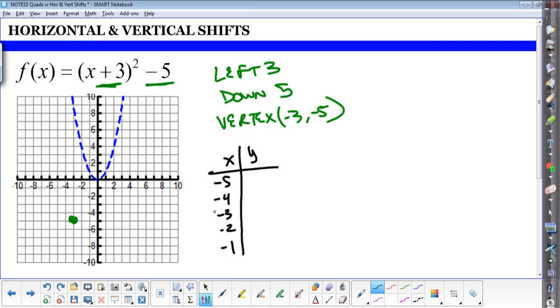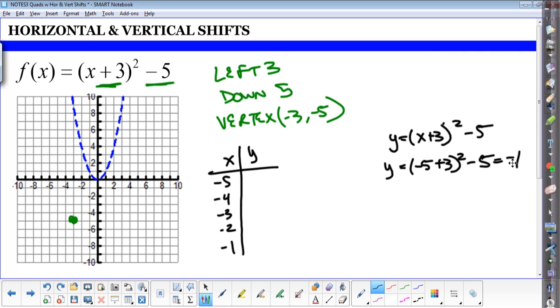Again, you only have to plug in the first 3 if you want to, but x plus 3 squared minus 5. I'll plug in negative 5. Get that, that is negative 5 plus 3 is negative 2, squared is 4, minus 5 is negative 1.